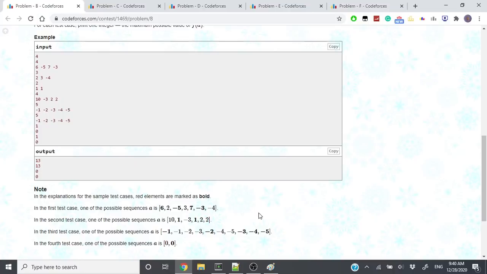Actually, how would this work? It's not like graphically, it's different. I guess it's like which elements to make red.